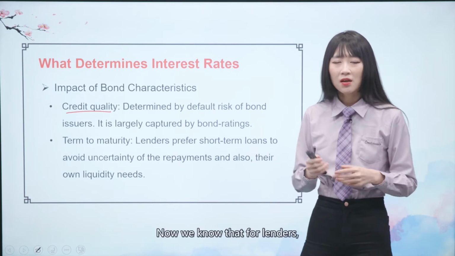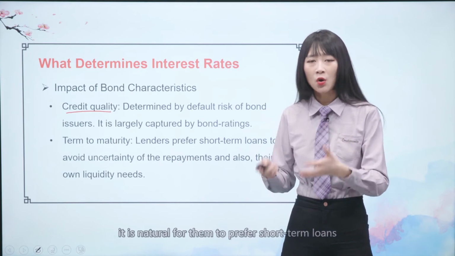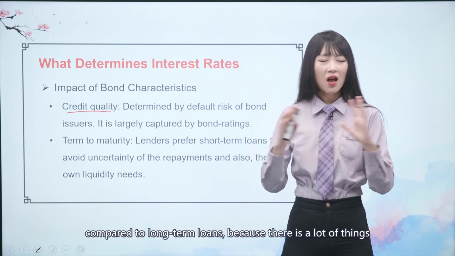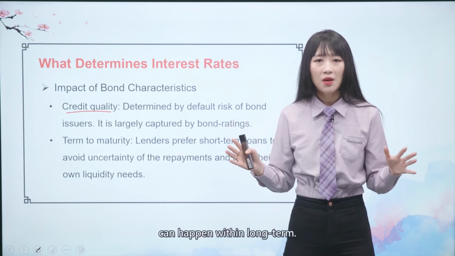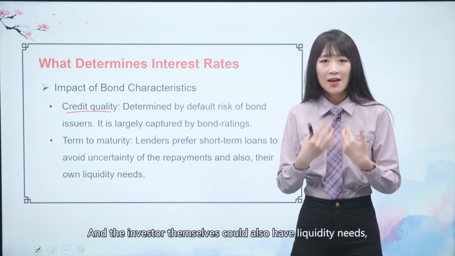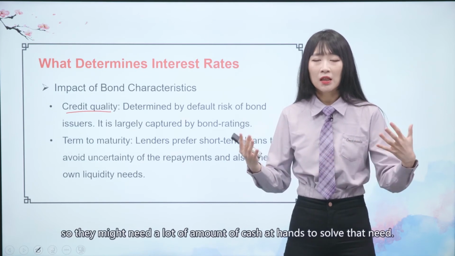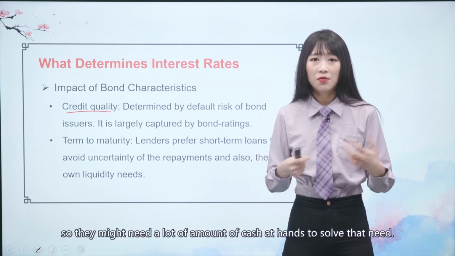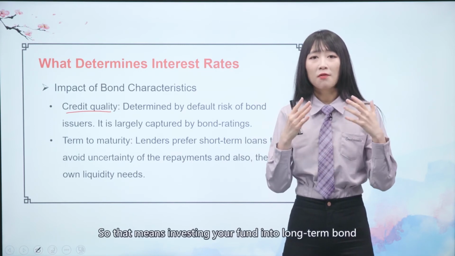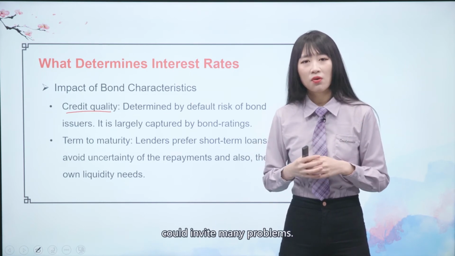Now, we know that for lenders, it is natural to prefer short-term loans compared to long-term loans because there are a lot of things that can happen in the long term. Some uncertainty might happen to the bond issuers, and the investors themselves could also have liquidity needs, so they might need a lot of cash at hand to solve that need. So that means investing your funds into a long-term bond could invite many problems.